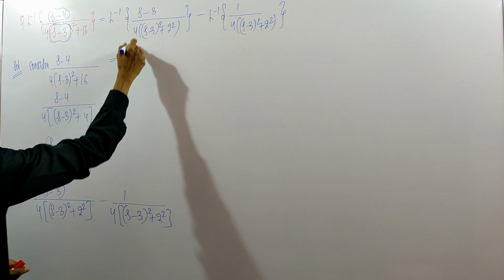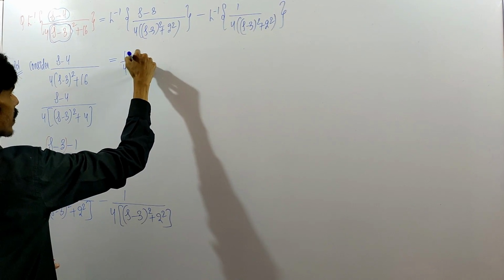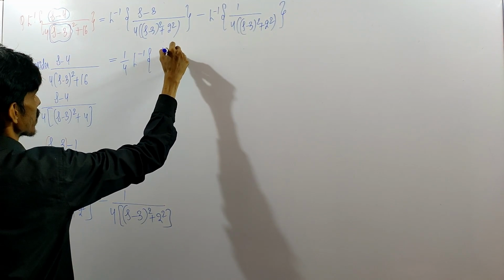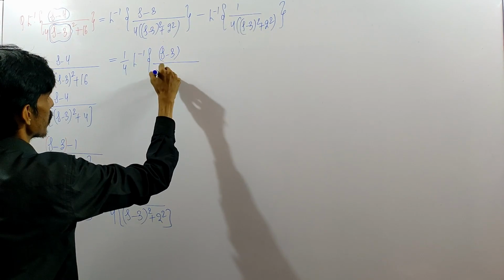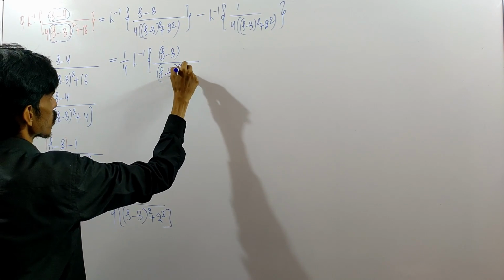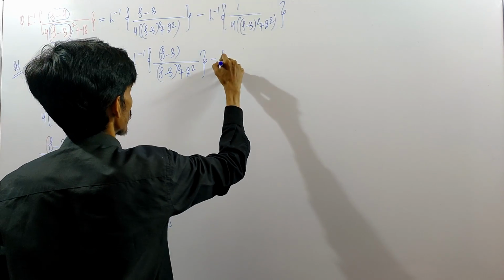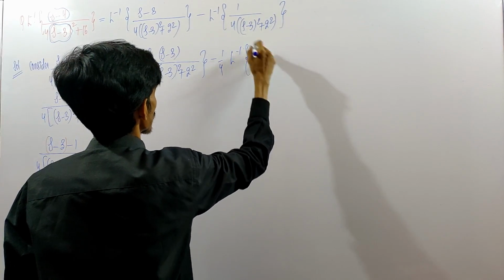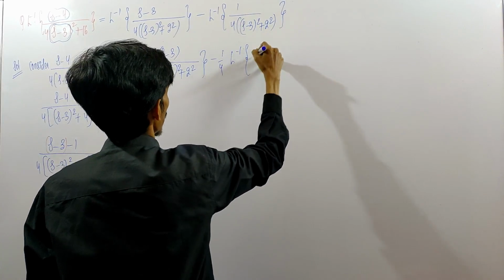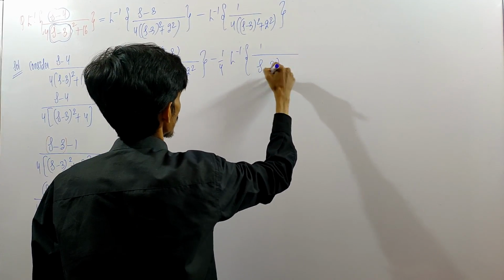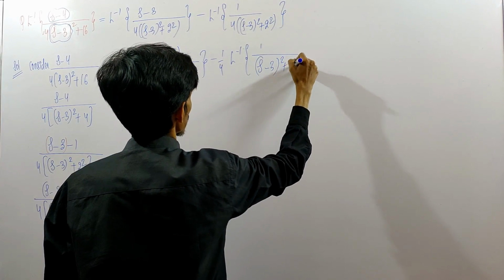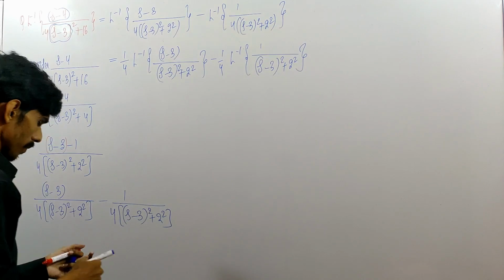Now take this 1 by 4 outside. We have L inverse of (s minus 3) divided by ((s minus 3) square plus 2 square), minus 1 by 4 L inverse, with the 4 taken out, of 1 divided by ((s minus 3) square plus 2 square).